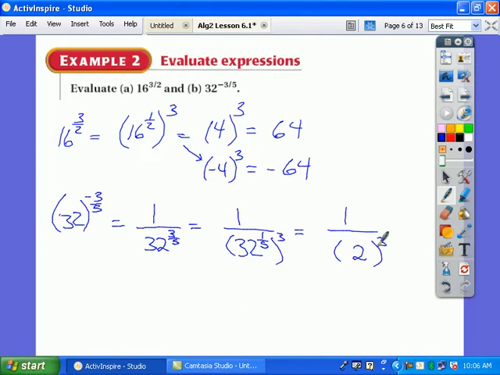And now I'm supposed to cube that. And so we get 1/8. So 32 to the negative 3/5 power is 1/8. Okay. Let me pause here for just a moment.